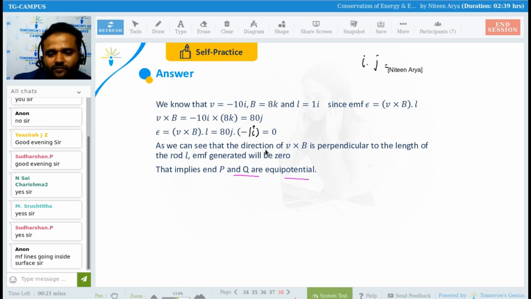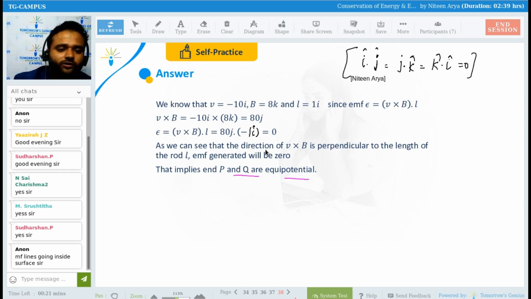I dot J equals J dot K equals K dot I is 0. In dot product, you need to take same unit vectors. In cross product, you need to take different. Clear? This thing is clear? Good.